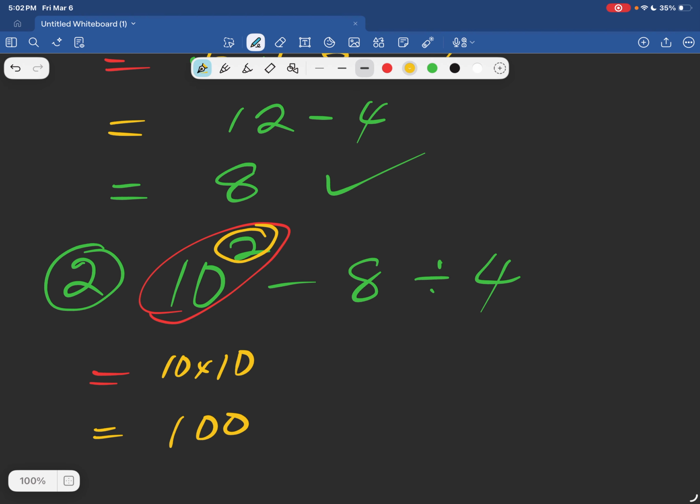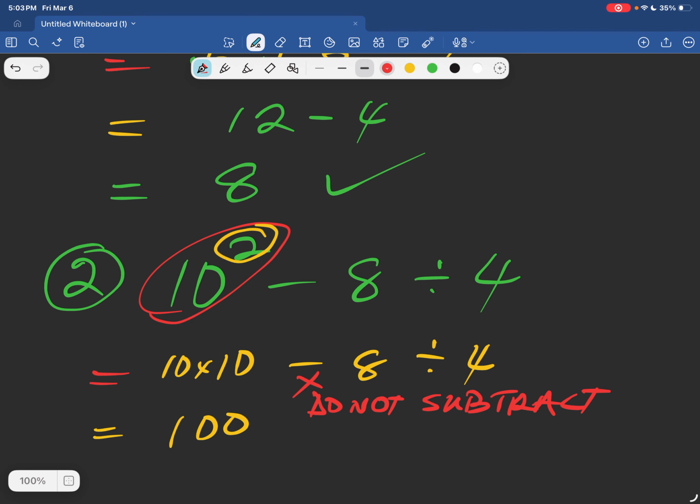Minus 8 divided by 4. Now, having done 10 times 10 to get 100, the next thing that we do is we do not subtract. That would be wrong. Because if you do that, that would mean that you're breaking the rules that say that multiplication and division have a higher priority than subtraction.